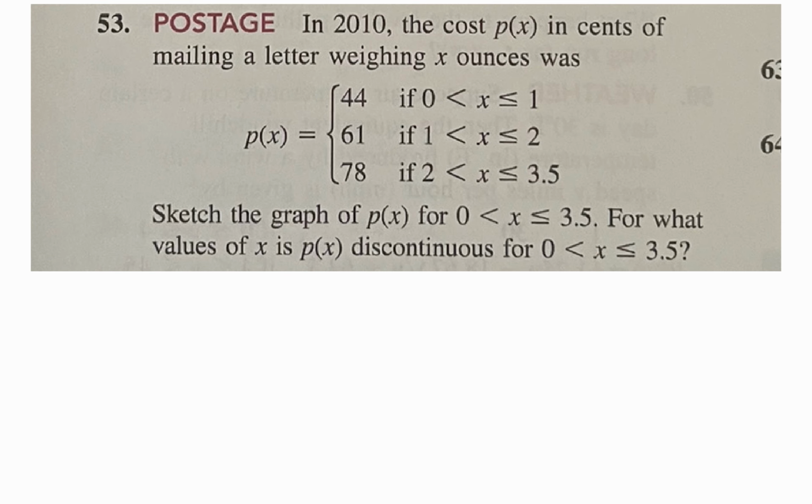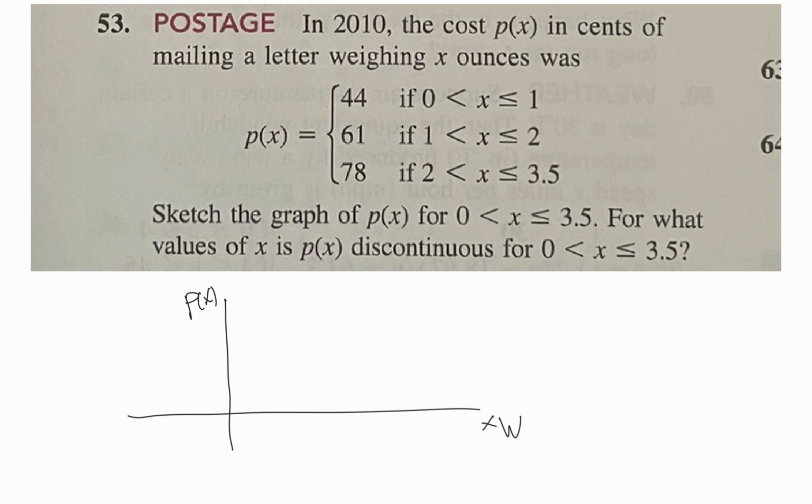Okay, this problem says in 2010 the cost P of x in cents, 44 cents, 61 cents, 78 cents of mailing a letter weighing x ounces was like this. For any letter, here is the weight, and here is the price, P of x, the price, so the weight is the x.